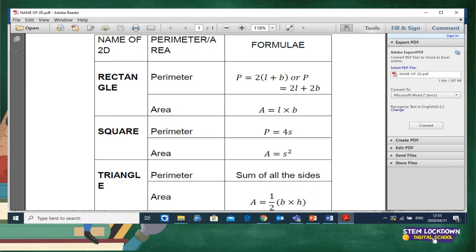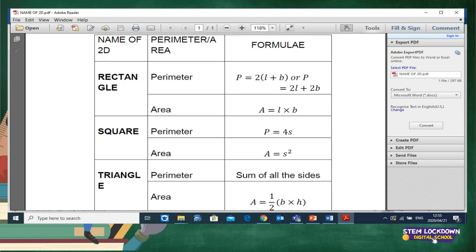If you were working with an equilateral triangle, yes, you could say the perimeter there is 3s, meaning that you multiply one side by 3 because they will be equal in an equilateral triangle. But you can have other triangles, such as the isosceles triangle, the right-angled triangle, and a scalene, for example.